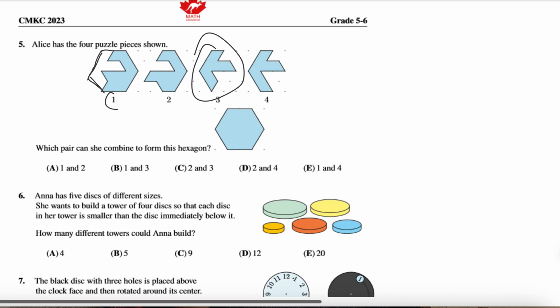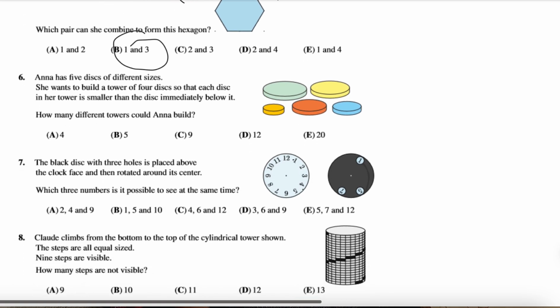So the answer could be 1 and 3, but let's look at 4 and 6. So 4 and 6 would be like this, which is similar to a hexagon, except this. It can't be because this one isn't connected. So 2 and 4 wouldn't be correct, so the answer would be 1 and 3. The answer is B.